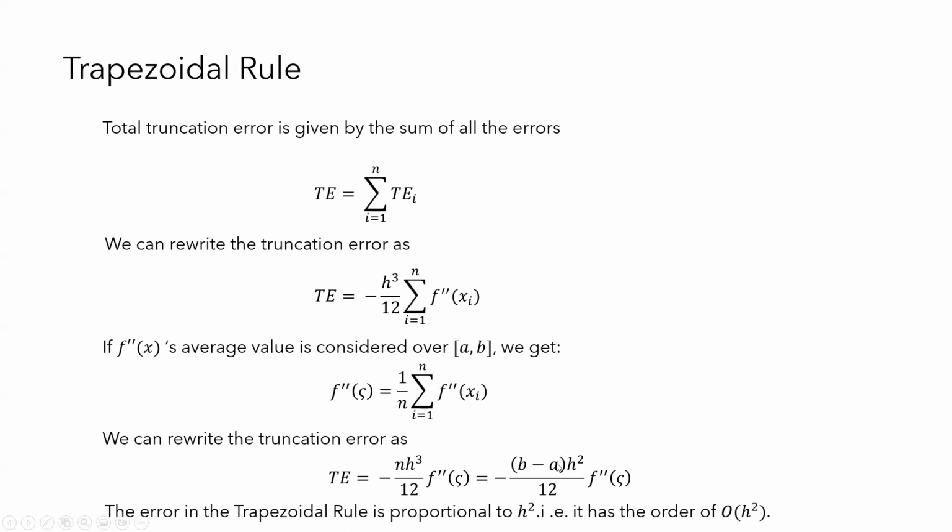Therefore, we can show that the truncation error can be approximated with some constant times h to the power 2. Therefore, the error in the trapezoidal rule is proportional to h to the power 2. So the truncation error is of the order of h to the power 2.